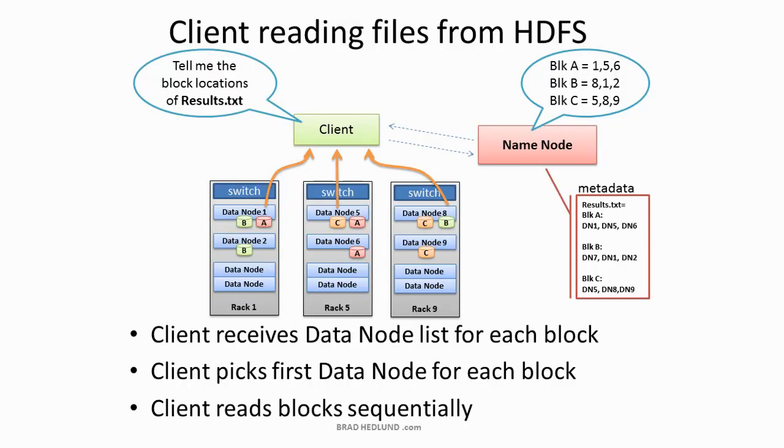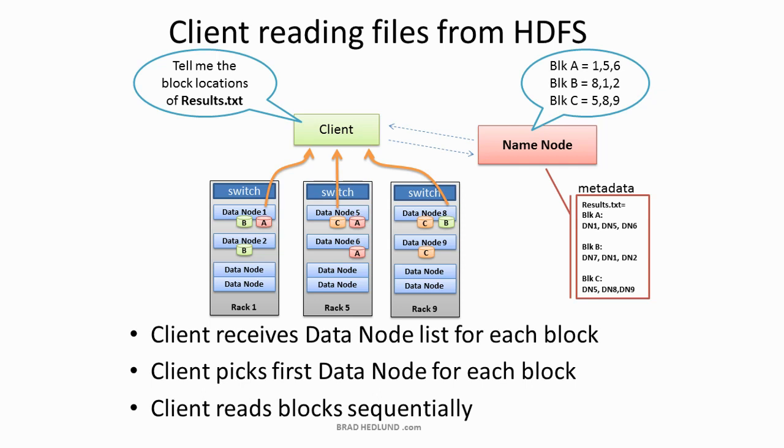Now reading again happens in a similar way. Let's say the client is running some MapReduce task, some process. You have taken the files and done some computations with them, and the results are stored in a results.txt. So now the client says, I want to access results.txt. So the name node says, okay, there are three blocks. Block A has these three replicas. The first replica is on data node 1, second is on data node 5, third is on data node 6, and so on.